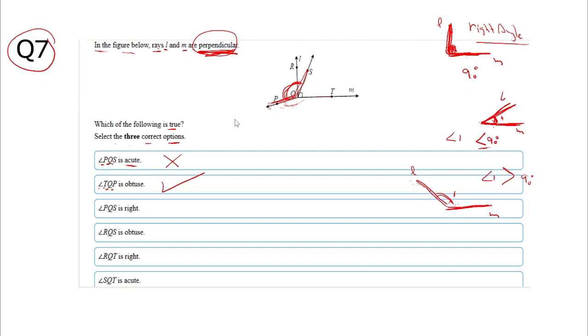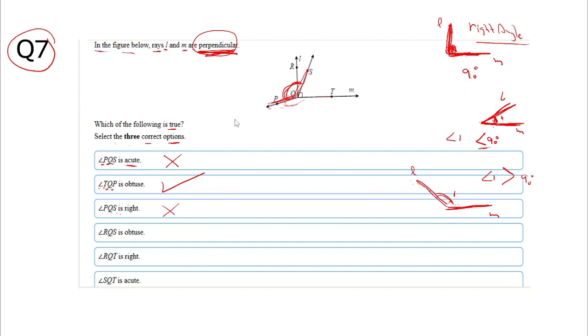Okay, angle BQS. It's a right angle, which is 90 degrees like this one. Is this right? No. If you can see, it's an obtuse angle. So this answer is wrong.